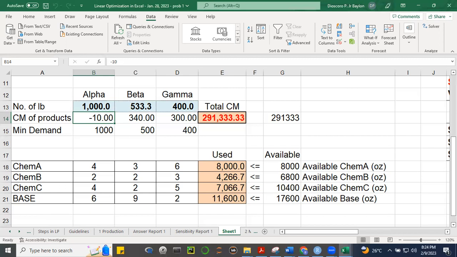Na it would still be best kahit na lugi na tayo kasi contribution margin natin negative. It would still be best to produce that, no? Kasi may commitment tayo dun sa isang favored client natin na total anyway, we still have a positive contribution margin based on the beta and the gamma. But let it be now for the alpha, no? Mag-lose tayo dyan anyway, makaka-recover tayo sa beta at saka kay gamma. Okay?